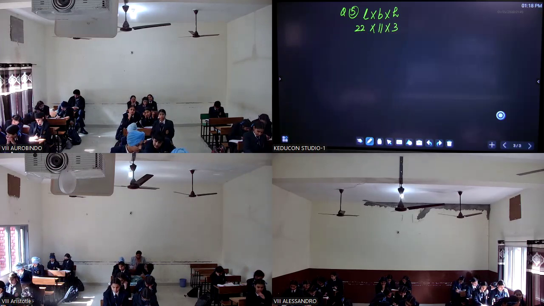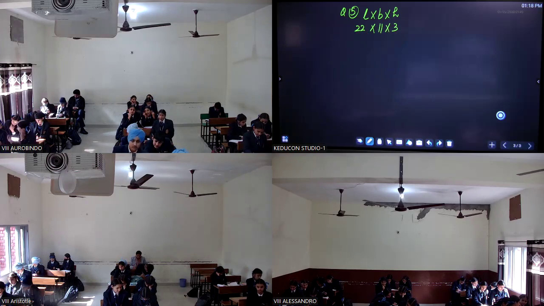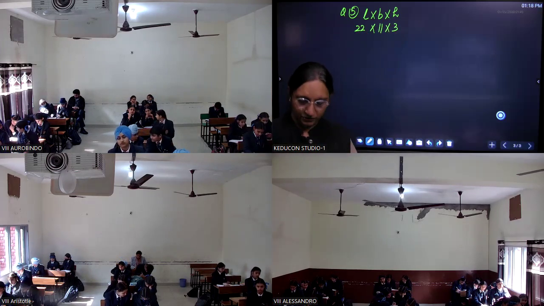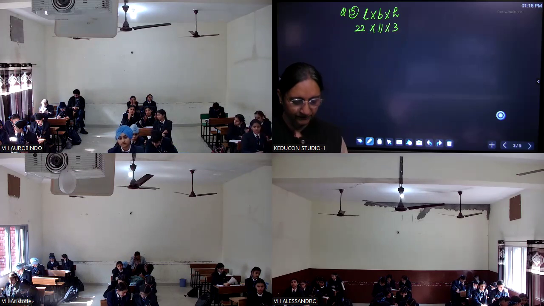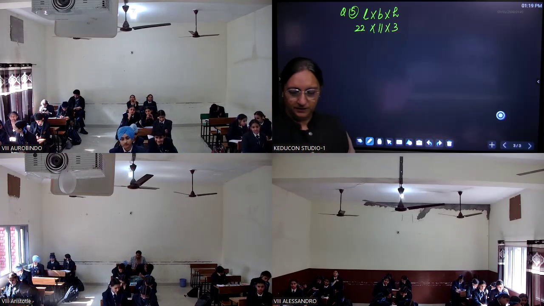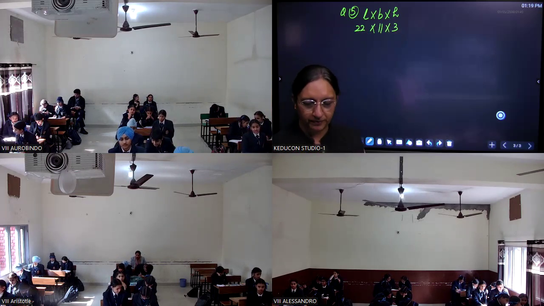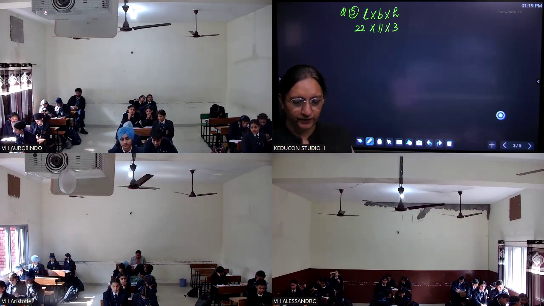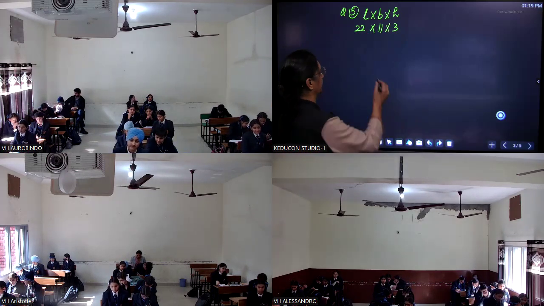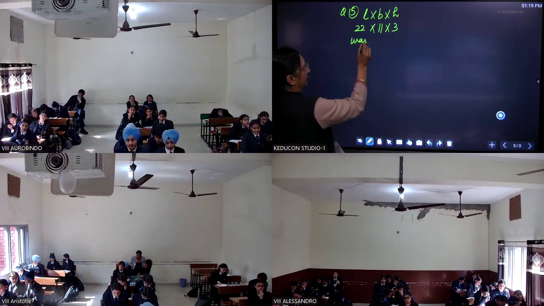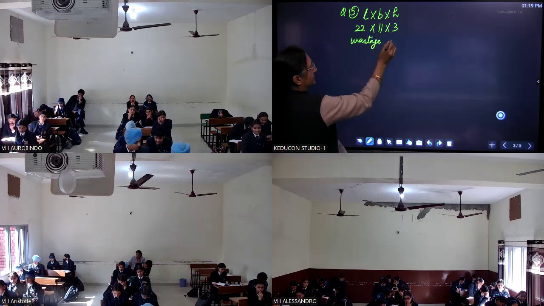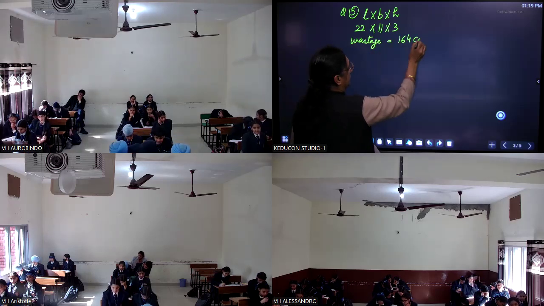Then you have to put a cover on that. This will be covered with a brown paper. For each book, wastage of 164 centimeter square is the wastage out of it. Okay. Wastage is 164 centimeter square.